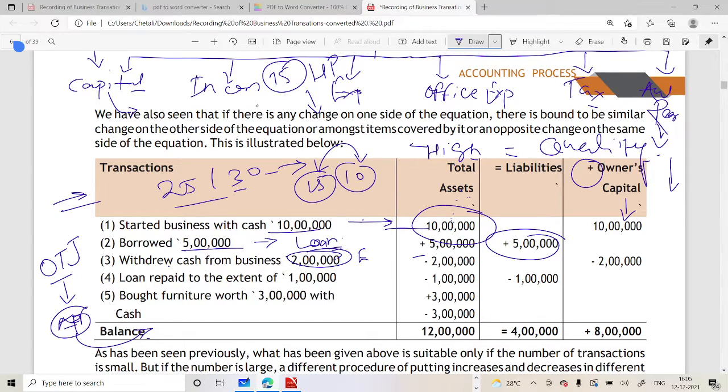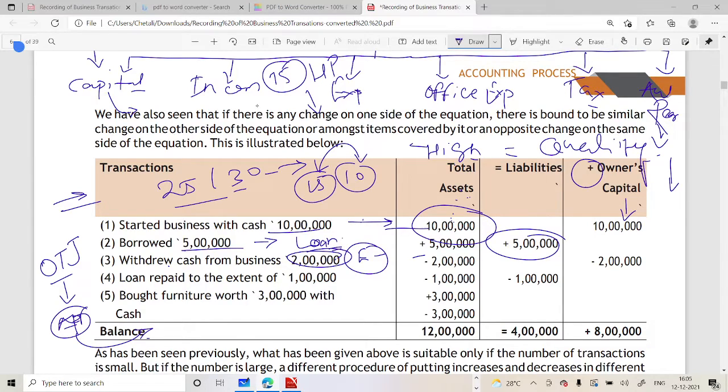Withdraw cash from business, it's a withdrawal. This term we see in mutual fund or hedge fund, right? We do withdrawal of our investment holdings, or we do withdrawals from our demat account, or the trading account, maybe the broker's account.